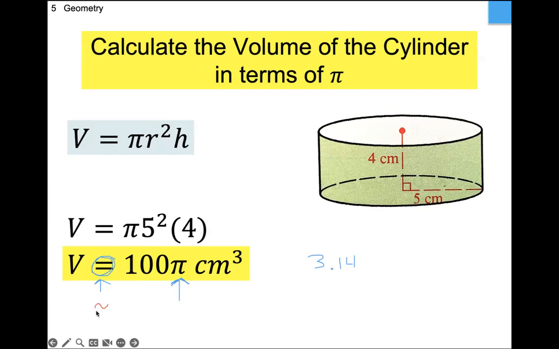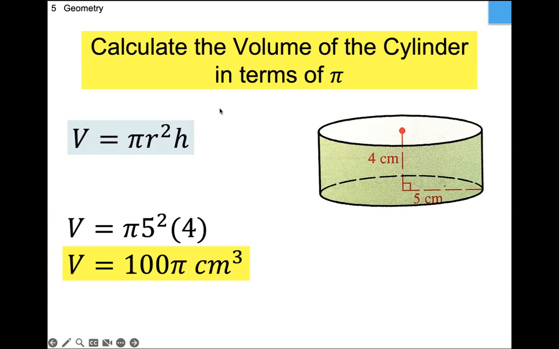It becomes an approximation symbol. So yes, if it says rounded to the tenth or hundredth, go for it, use 3.14 and then round. But mathematicians would love you to leave it as the exact answer. And the exact answer is 100 pi cubic centimeters.